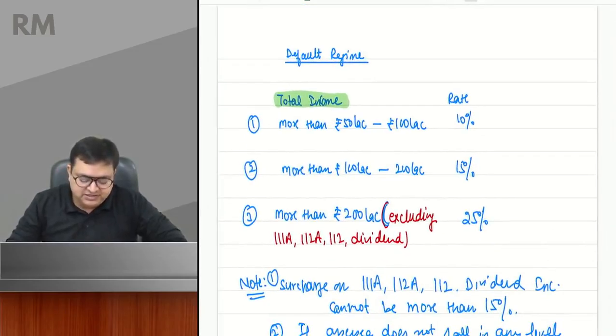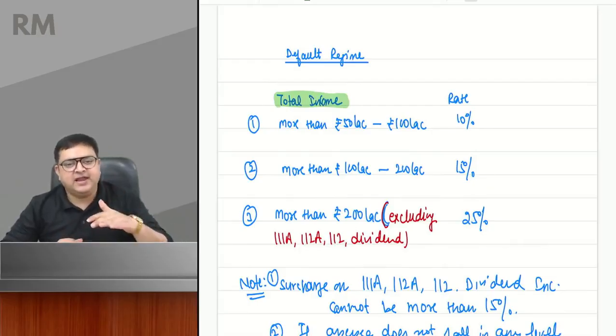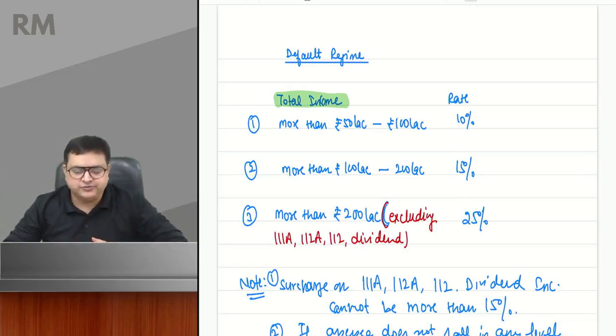See, what is surcharge? Surcharge is extra tax. So only the rich people can afford to pay these taxes. So we'll not take the surcharge from common person. So anybody who is earning up till 50 lakh, he is not supposed to pay surcharge. But as and when you go above 50, then you have to pay surcharge also.